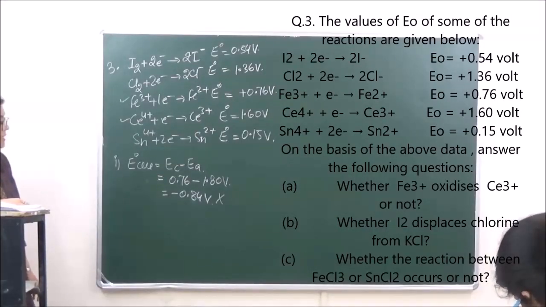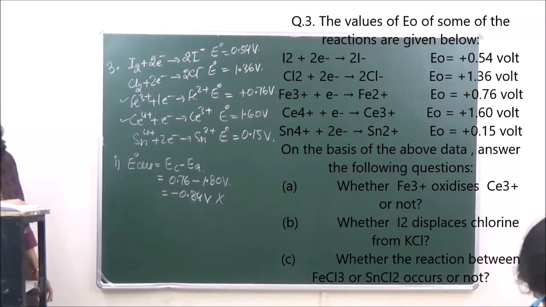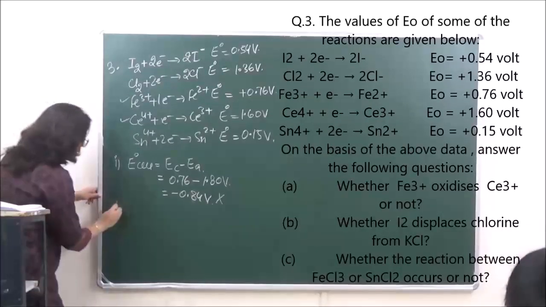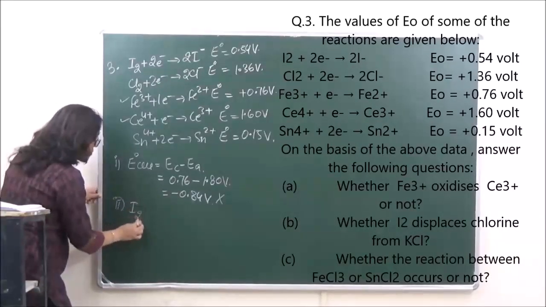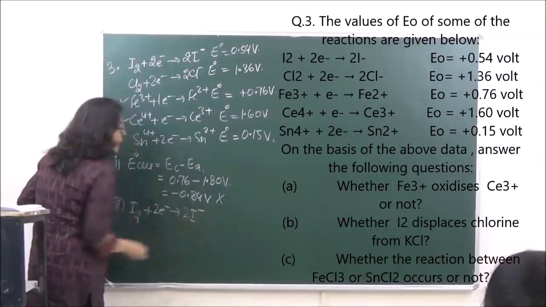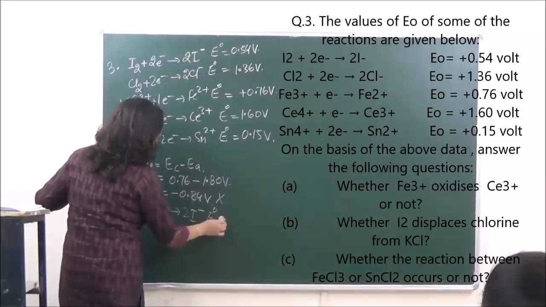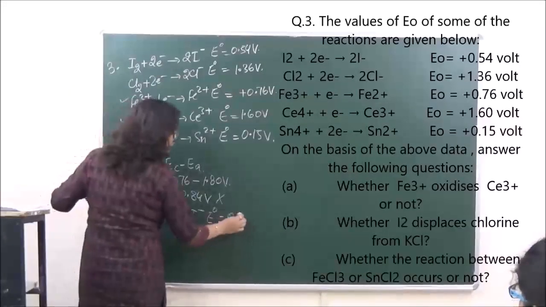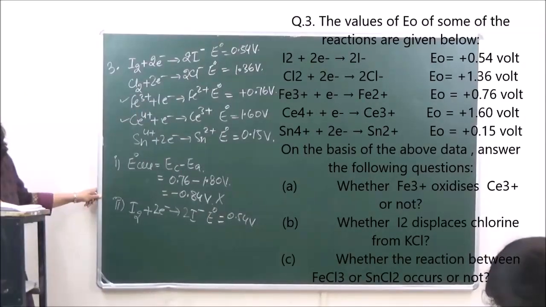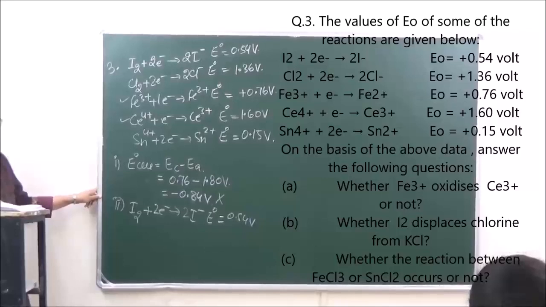Got it? Then the second part of the question is whether I2 displaces chlorine from KCl. The reaction is I2 plus 2e- to give us 2I-, and the value of E naught for this reaction is 0.54 volt. Then when we are talking of the chemical reaction I2 plus 2 KCl, they are asking whether chlorine will be displaced by iodine.